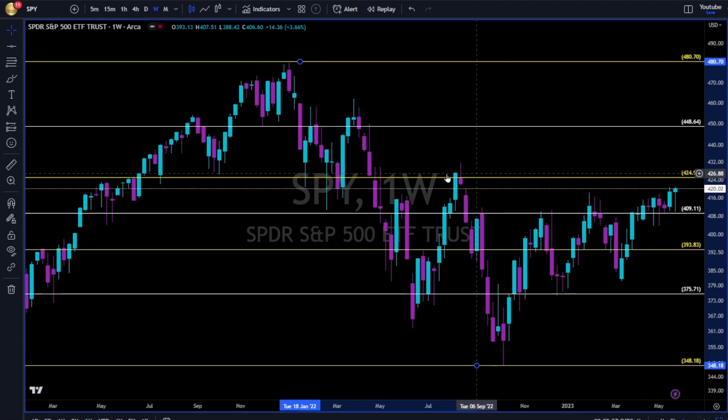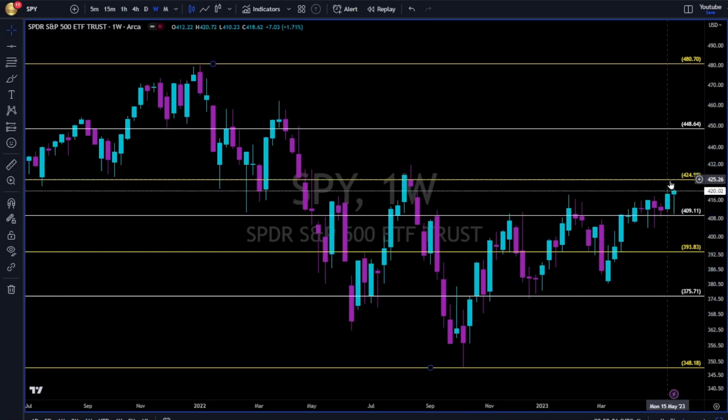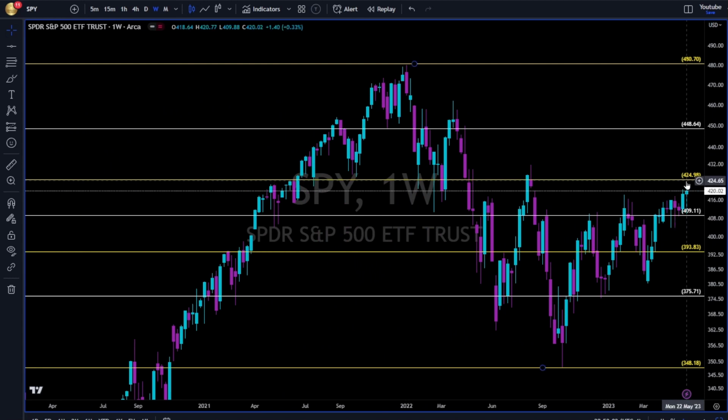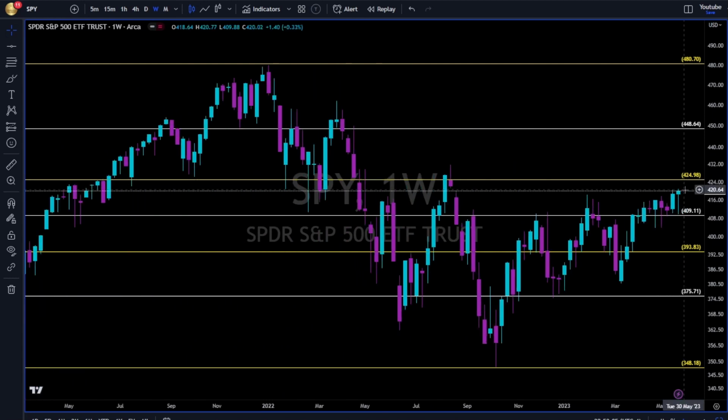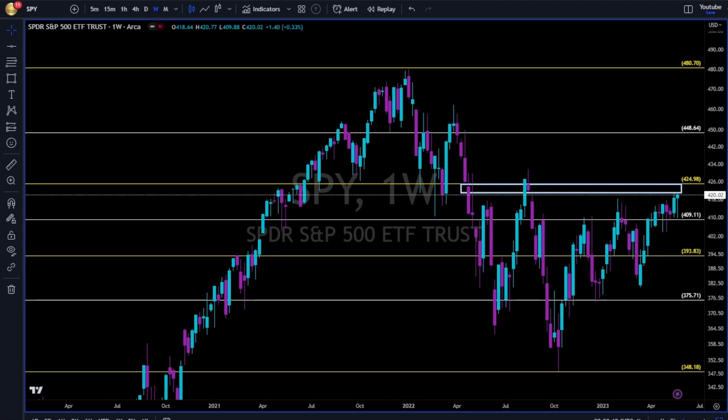We identify this area just by looking left. Fibonacci helps us. 425 to the upside, very tough resistance. As we can see, all this area, the 420, 424, very tough resistance for the bulls. Breaking up and above, 450 on the weekly.